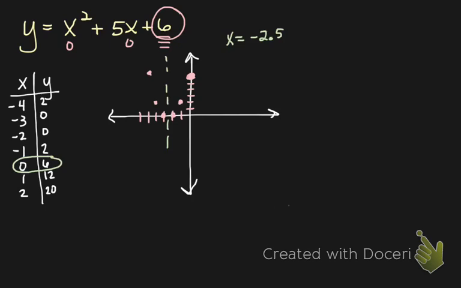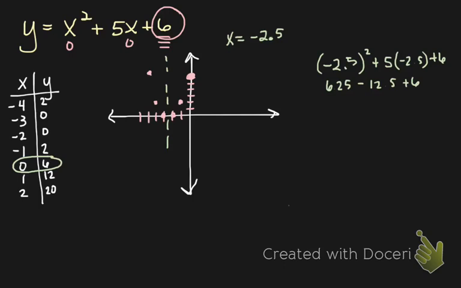So if we have -2.5 squared plus 5 times -2.5 plus 6, we will get 6.25 minus 12.5 plus 6.